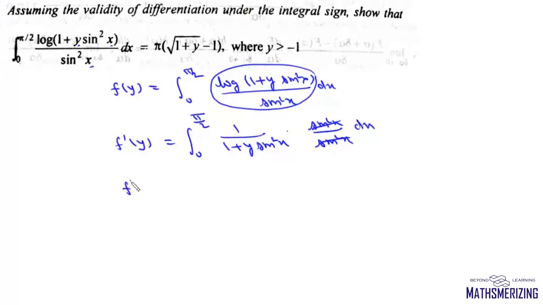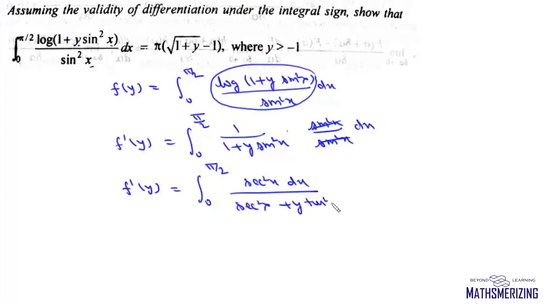Now we'll write f dash y equals this integral from 0 to pi by 2, and what we'll do is divide everything by cos square x. So in the numerator we'll have secant square x upon secant square x plus y tan square x. And we'll also write secant square x as 1 plus tan square x.